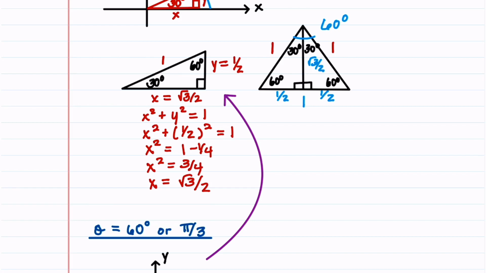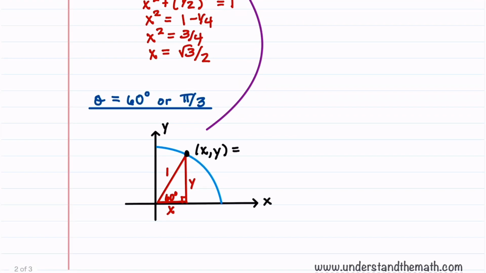So the side opposite 60 degrees in our picture down here is equal to y, and that value is root 3 over 2. And the side opposite 30 degrees, so this angle in here is 30 degrees, and that value is 1/2. So that gives us the coordinate point for an angle that is 60 degrees.